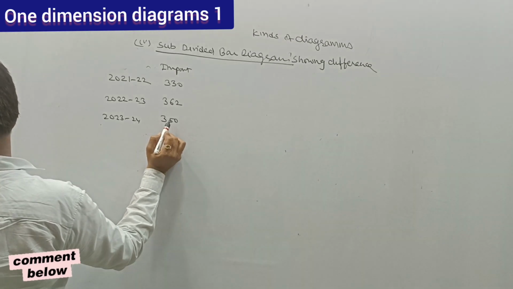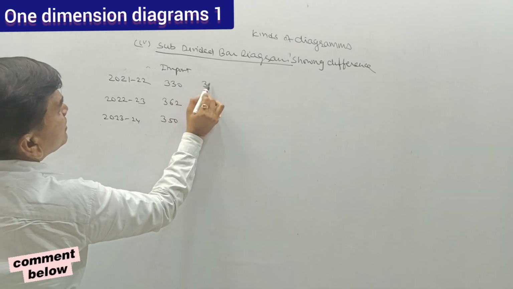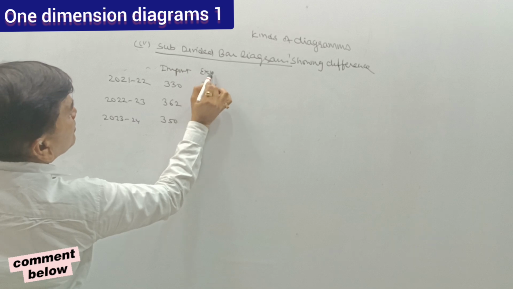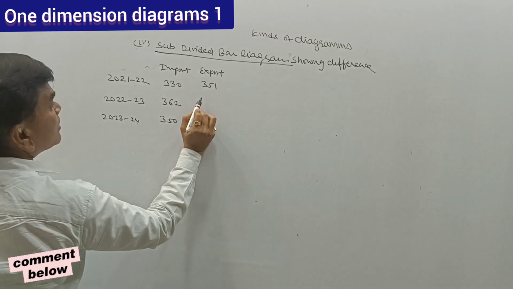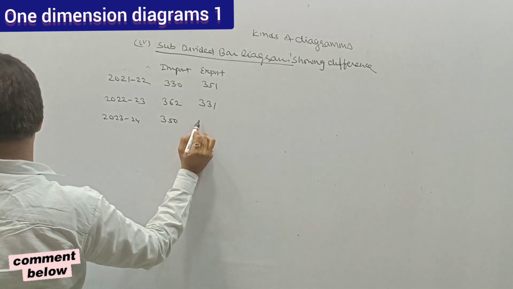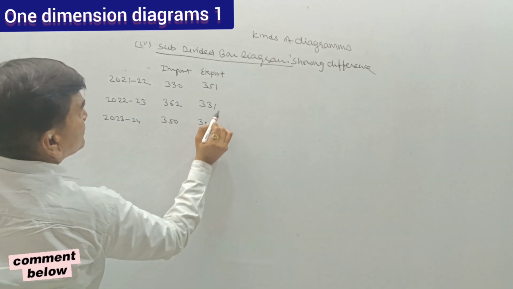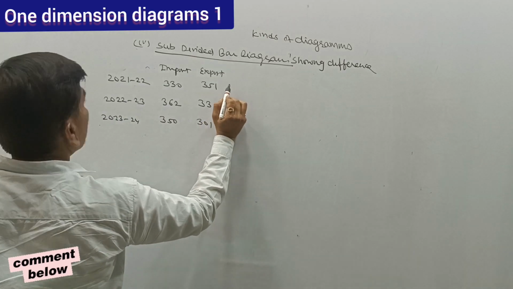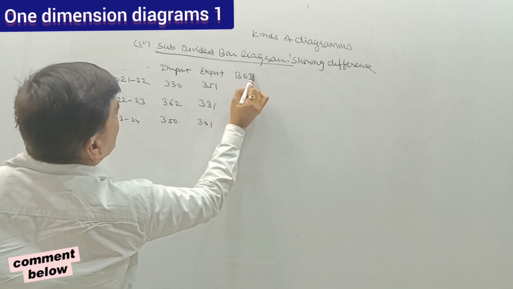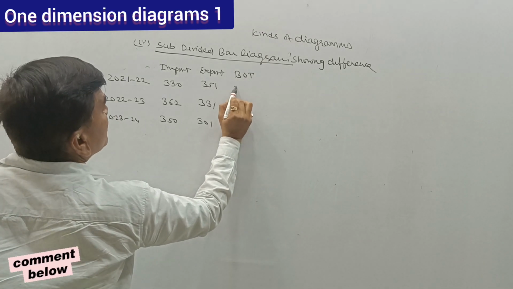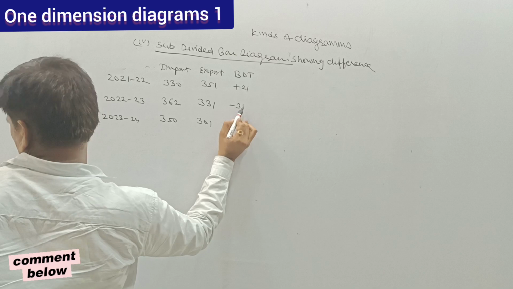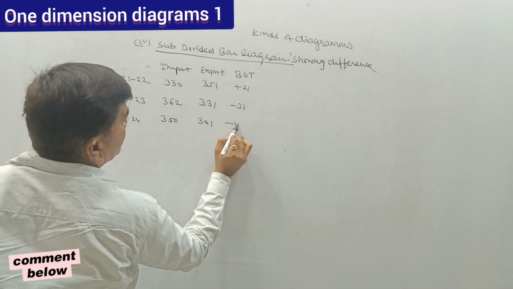Export is 351, 331 and 301. So the balance of trade is plus 21, minus 31, minus 40.